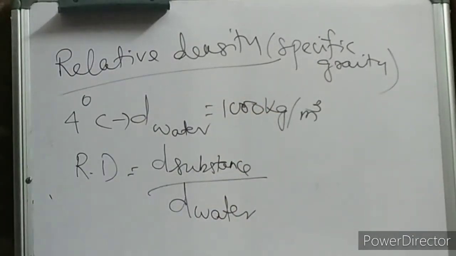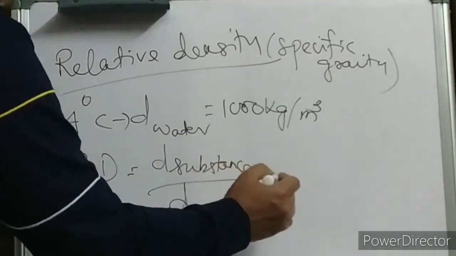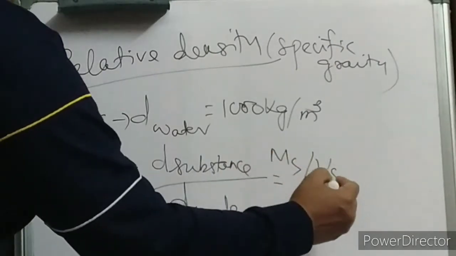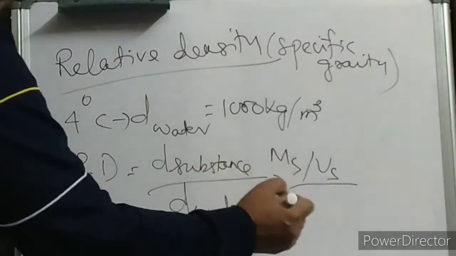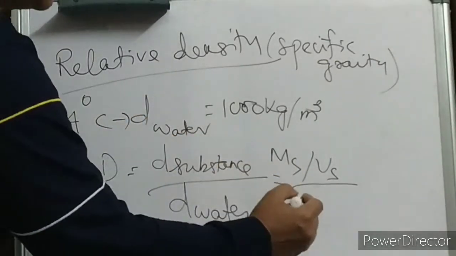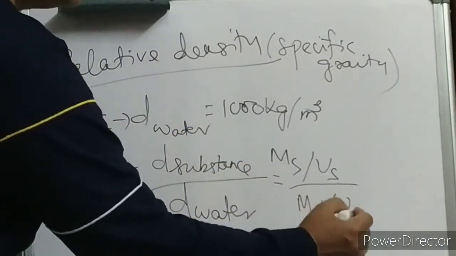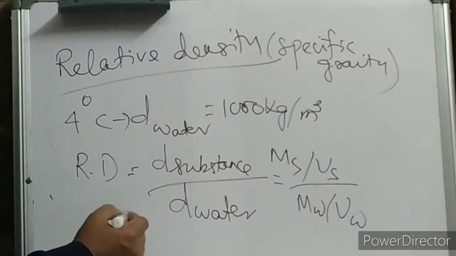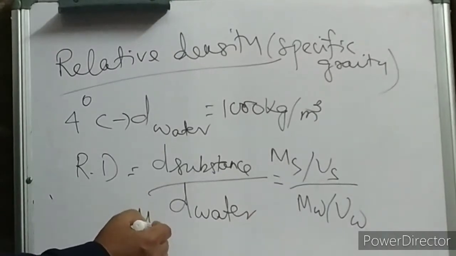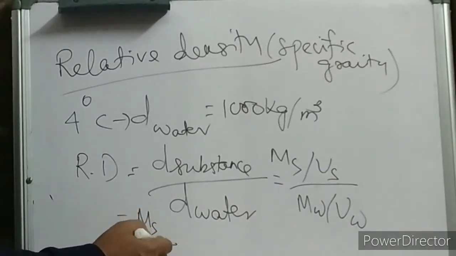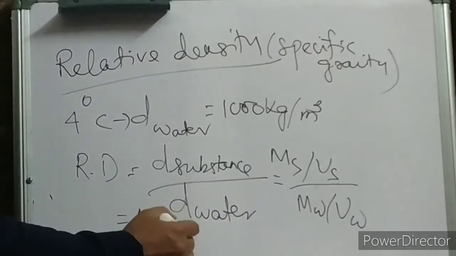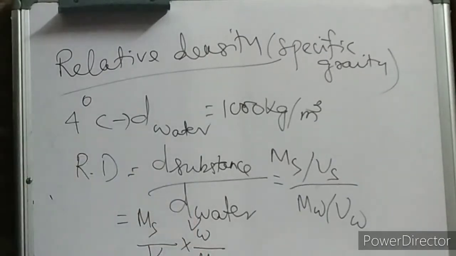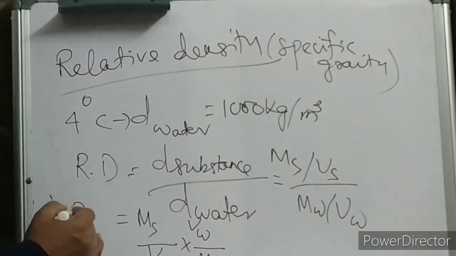So you can write this as the mass of the substance divided by the volume of the substance, over the mass of water divided by the volume of water. Or cross multiply: RD is equal to the mass of substance divided by the volume of substance, into the volume of water divided by the mass of water. This also you can write.